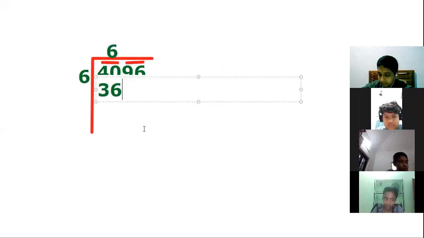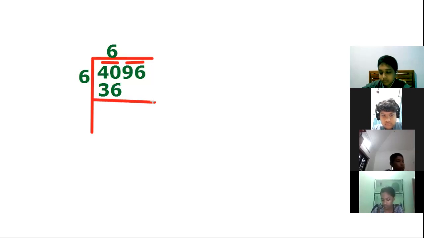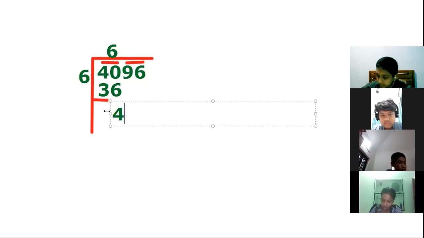While subtracting, what answer do we get? 40 minus 36 is 4. And what's our next step? Bring down the number under the next bar, which is 96.